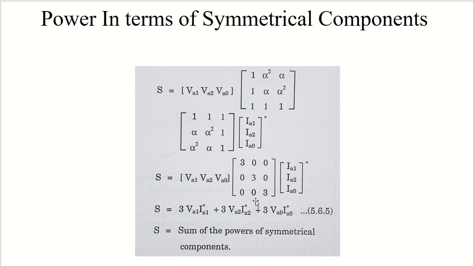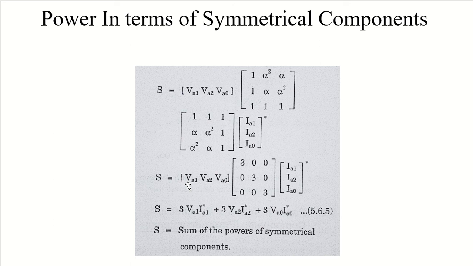So basically this will become an identity matrix multiplied by 3, and the value of V phase remains as it is, VA1, VA2 and VA0, and the current will be IA1, IA2, IA0 conjugate.